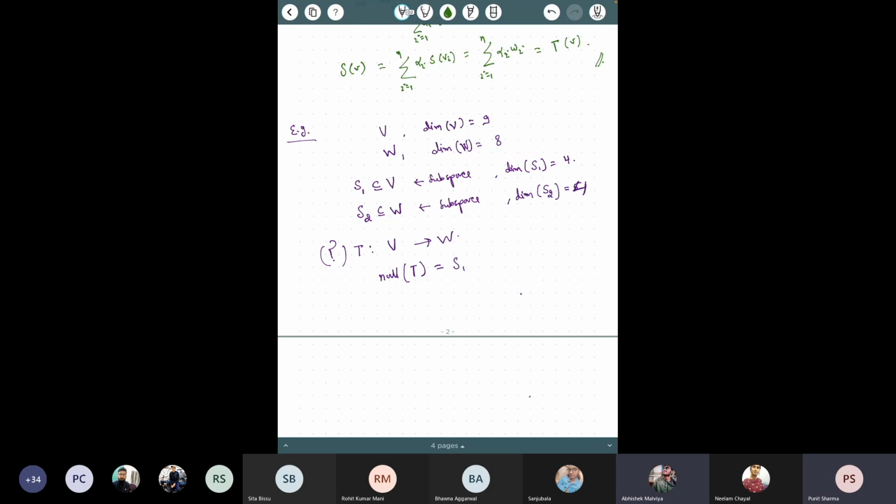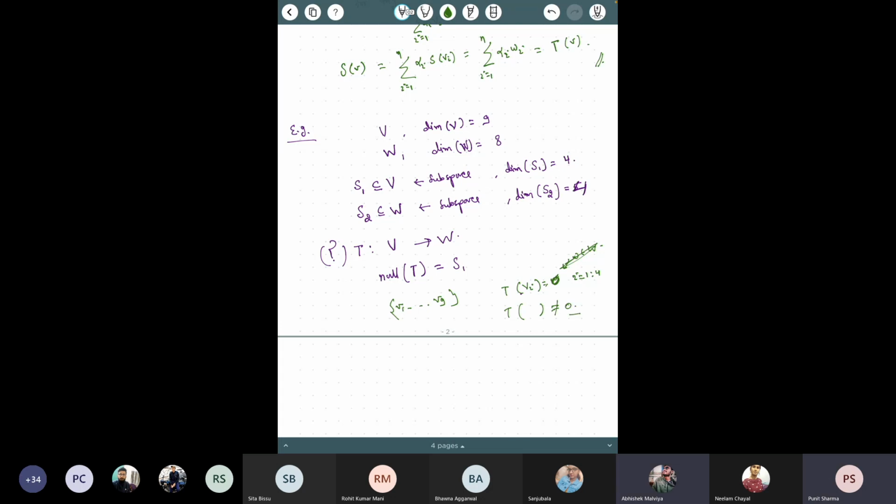You are saying that V1 to V9 are basis vectors of V, and you assign the first 4 vectors, i equal to 1 to 4, to 0, since null space, and the other vectors you don't send to 0. So you assign some non-zero vector in W.